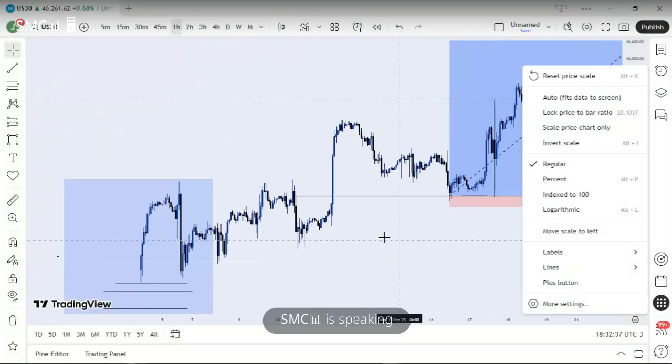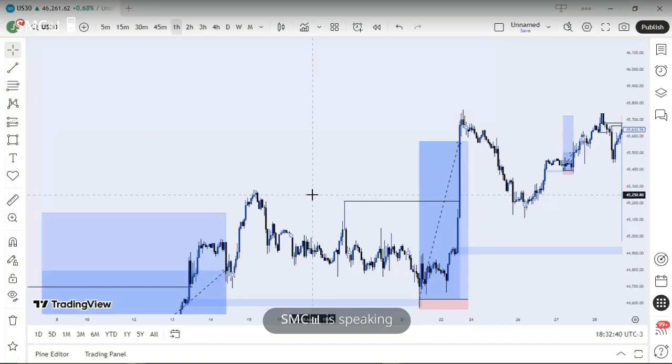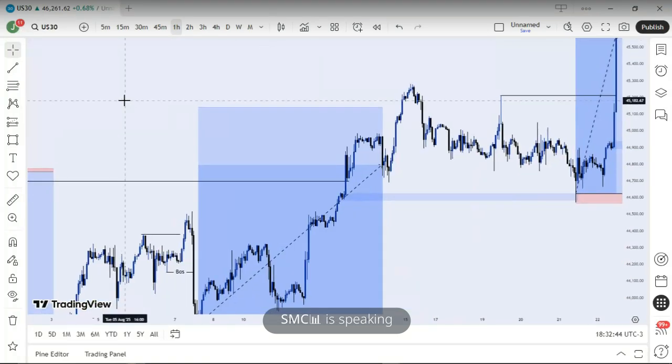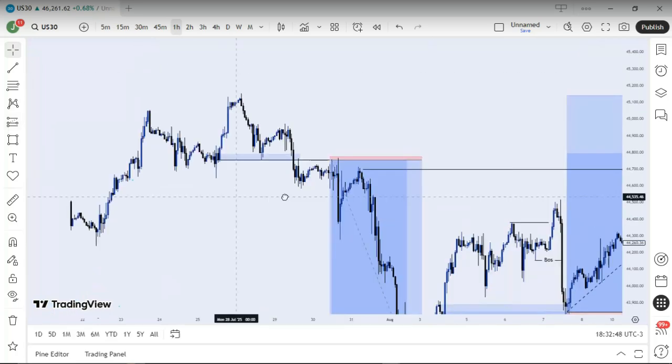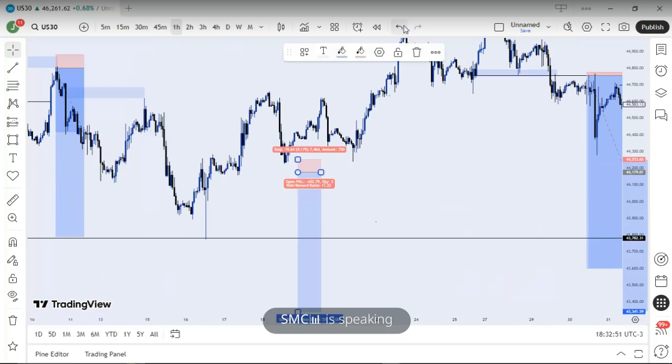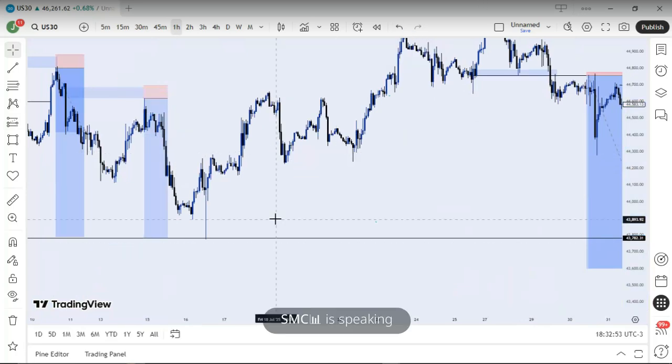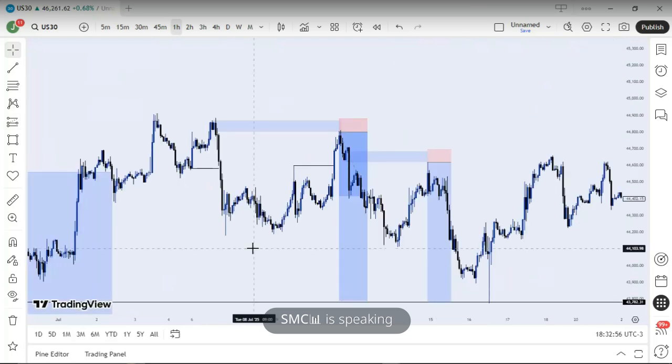Let me get a clear picture from the 1 hour time frame, because I think this bearish order block is a 1 hour time frame order block. Yes, sure.